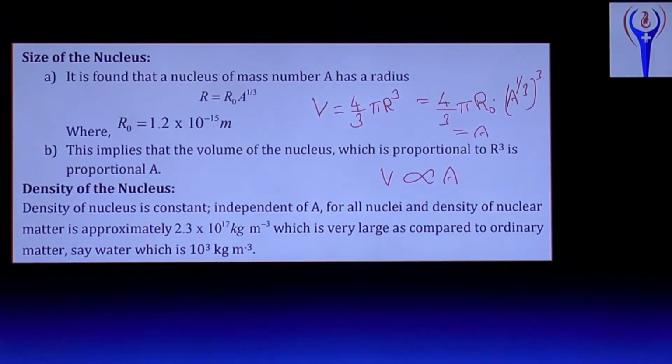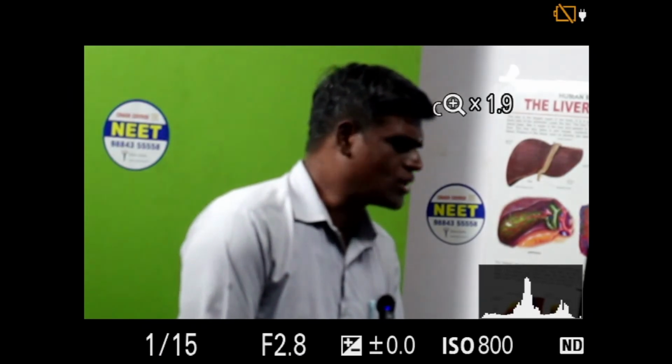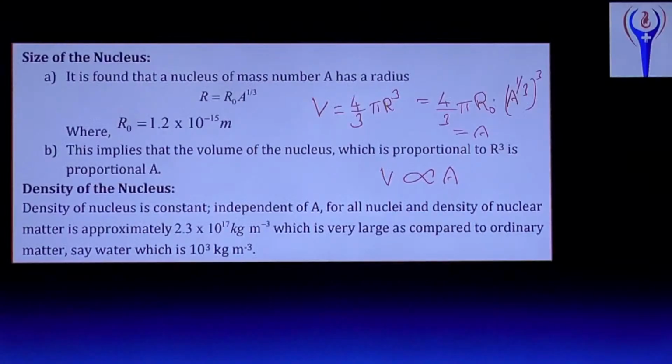Density of nucleus is constant, independent of A, whatever element it may be. For all nuclei, the density of nuclear matter is approximately 2.3 into 10 power 17 kilogram per meter cube, which is very large compared to ordinary matter.